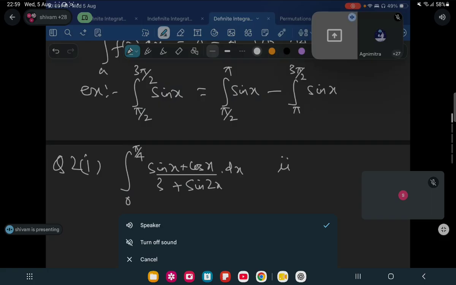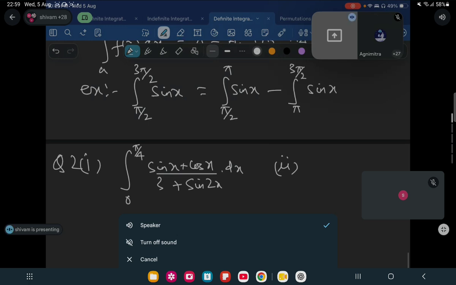Part 2: integral from 0 to pi by 4 of cos 2x into root over of 4 minus sin 2x dx. Quickly solve.